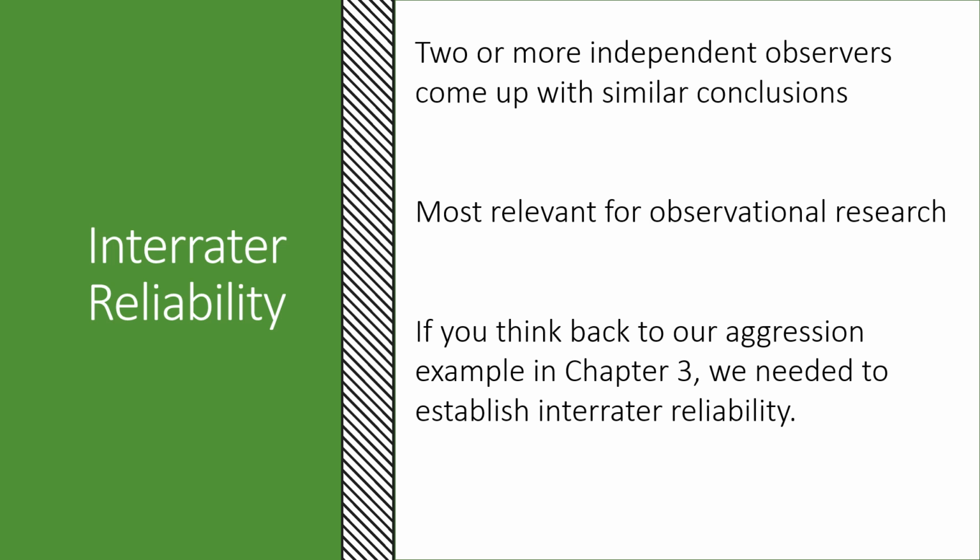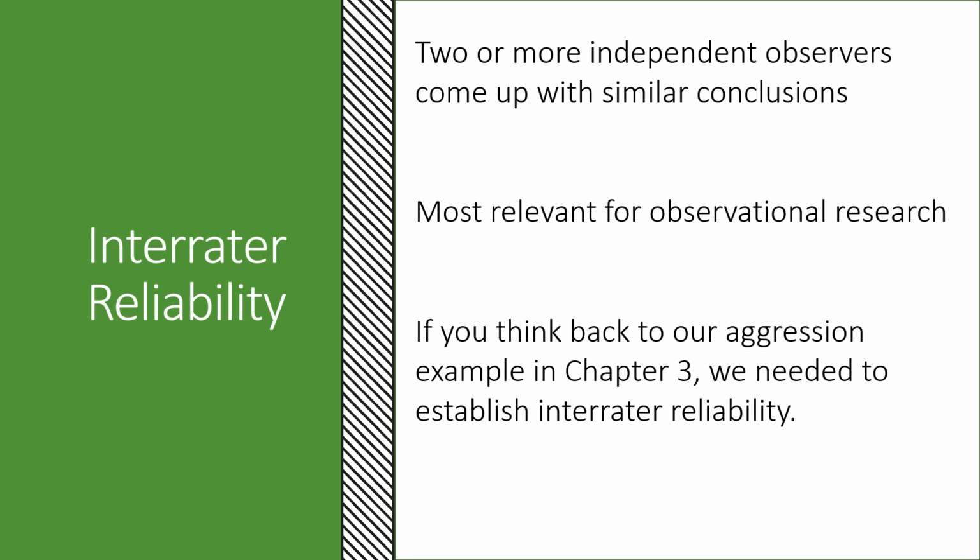Here, two or more raters, and typically the more the better, sometimes called coders, watch a particular behavior and write down what they see happening or how they're interpreting the behavior. You can show inter-rater reliability when two separate individuals view the same behavior and identify it, categorize it, or call it the same kind of thing.